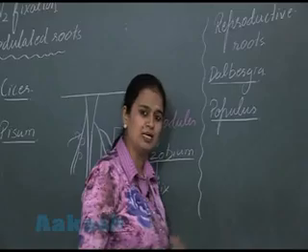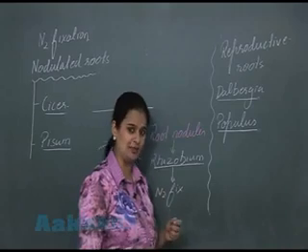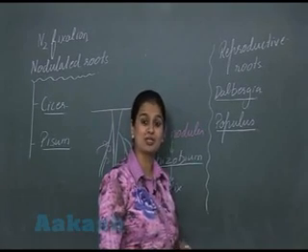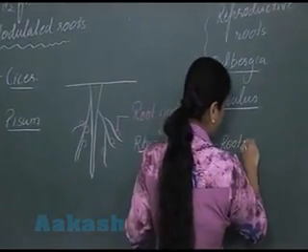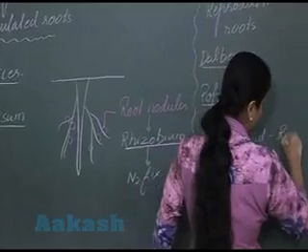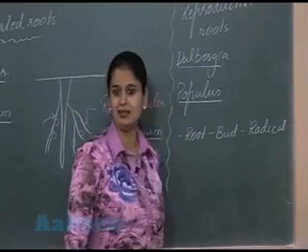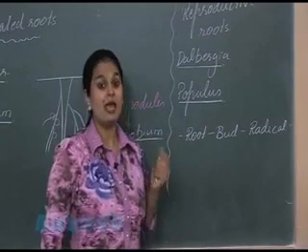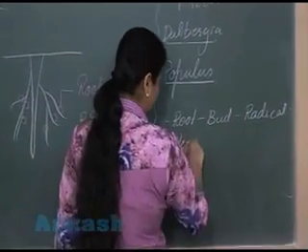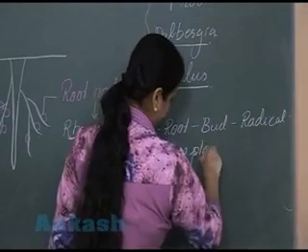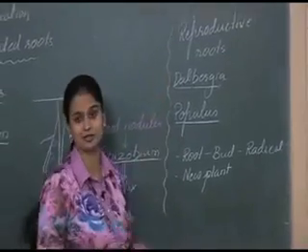Now you know that bud, that is the embryonic shoot, bud is generally the feature of stem, but sometimes the bud is also associated with the root. अगर root के ऊपर bud present है, तो आप ऐसी bud को कहेंगे radical bud, and this radical bud surely after the development it can form the shoot system, helps in the formation of the new plant. तो ये जो bud है development के बाद ये बनाएगी new plant, and this is how it can be involved in the reproduction.